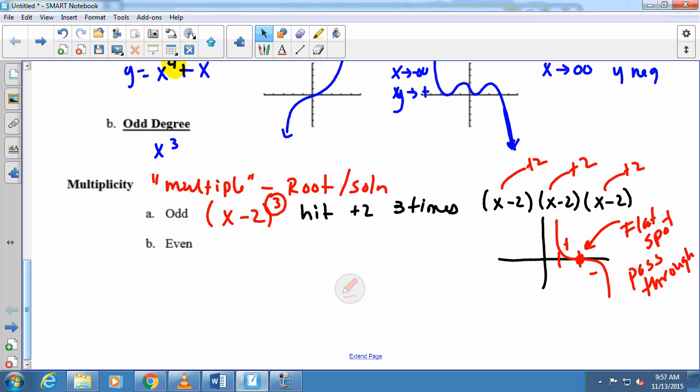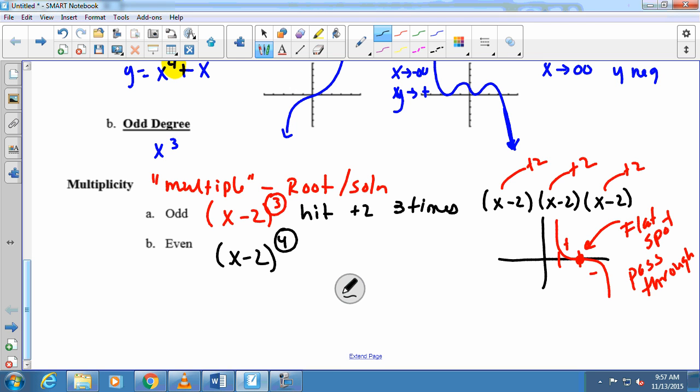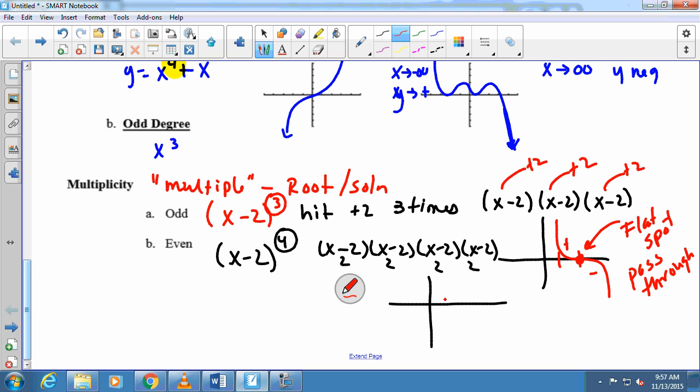So let's see what's going to happen if I had an even power on the same thing. Let's go x minus 2 to the power of 4. It's going to hit that 2 four times. And here's why it hits 4 times. I have this x minus 2 four times. So it's going to hit a 2, a 2, a 2, and a 2, four different times. So here's my 2. It's going to hit it 4 times.